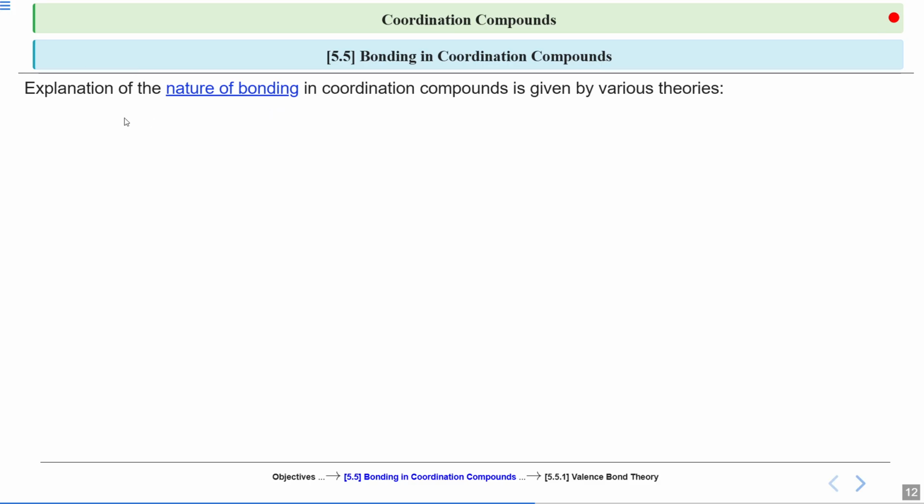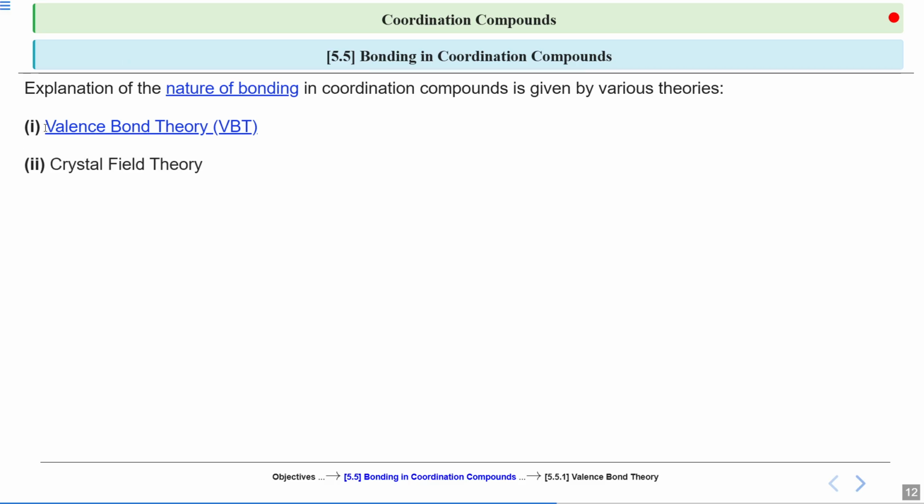Now, the explanation of the nature of bonding in the coordination compound is given by various theories. One was Werner theory, right? So the explanation of the nature of bonding present in our coordination compounds, what is going to be its nature, is explained by various theories. The first theory is Valence Bond Theory, commonly called VBT.